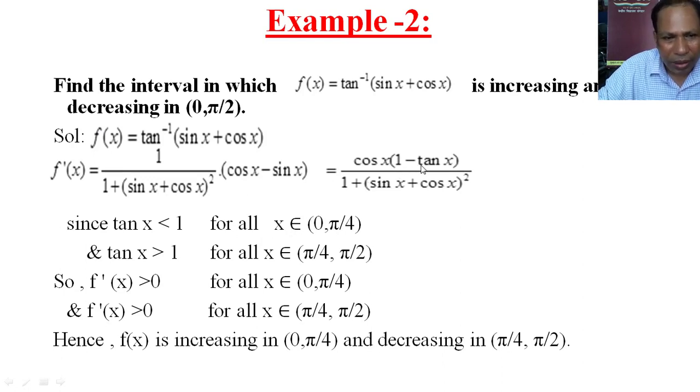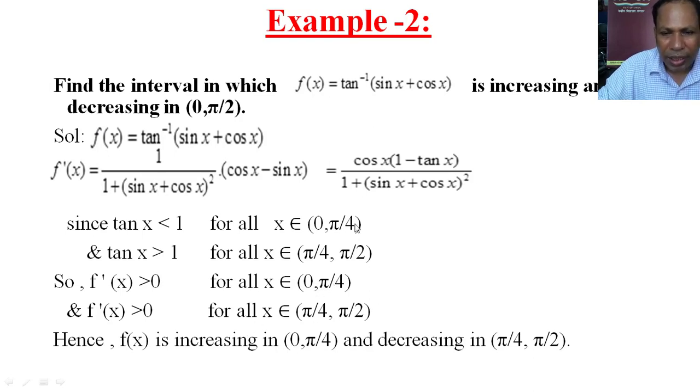So 1 minus tan x is positive. Cos x is also positive in the interval 0 to pi by 4. So f dash x must be greater than 0 for all values of x in the open interval 0 to pi by 4. So in the interval 0 to pi by 4, the function is increasing.